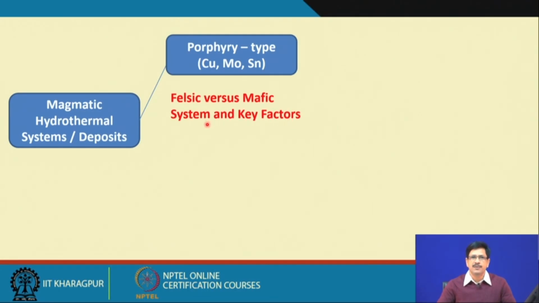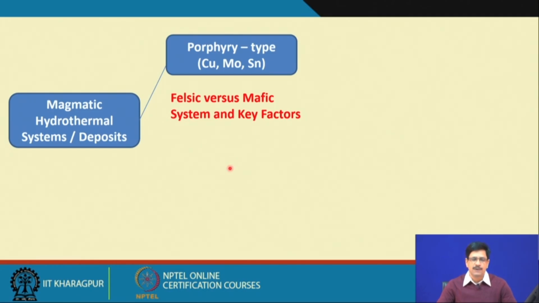Now, what we discussed about the magmatic deposits, when we discussed the chromite and other deposits, which are essentially orthomagmatic in nature. This is a domain in which we are primarily dealing with felsic magma. Whenever we say magmatic hydrothermal system, by default we mean it is a felsic magma which is responsible for giving rise to the mineralization.